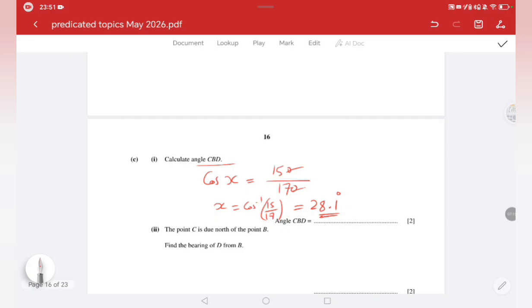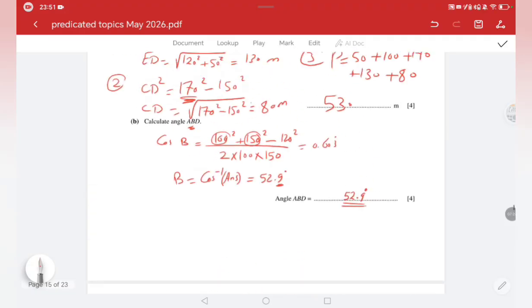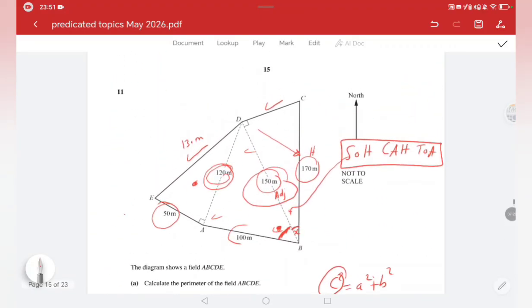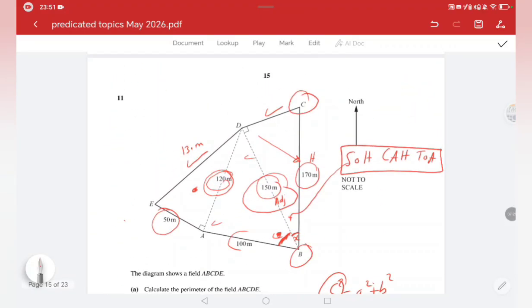Okay. Next one, they said that the point C is due north of B. This is bearing. When they say it's due north, due south, or let's say due east or west, it means both of them are in the same line.